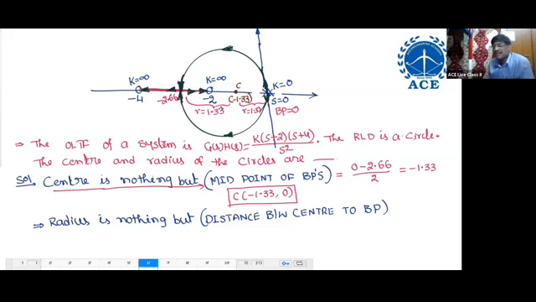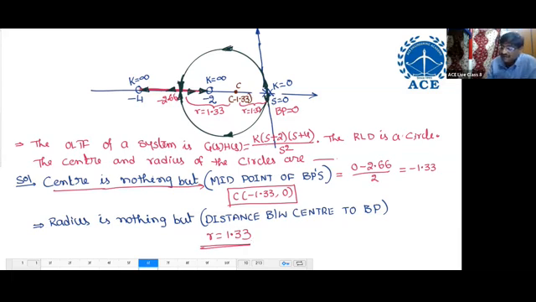Like this you find the center and radius of the circle.